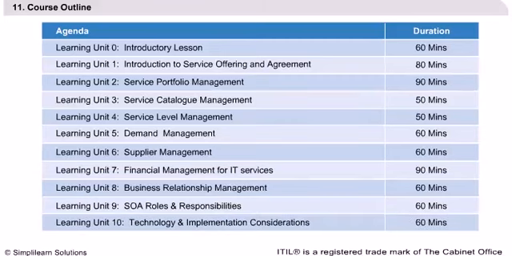Learning Unit 10 deals with SOA technology and implementation considerations. Service design is specifically used to identify good practices and evaluation criteria for technology and tools related to process implementation.